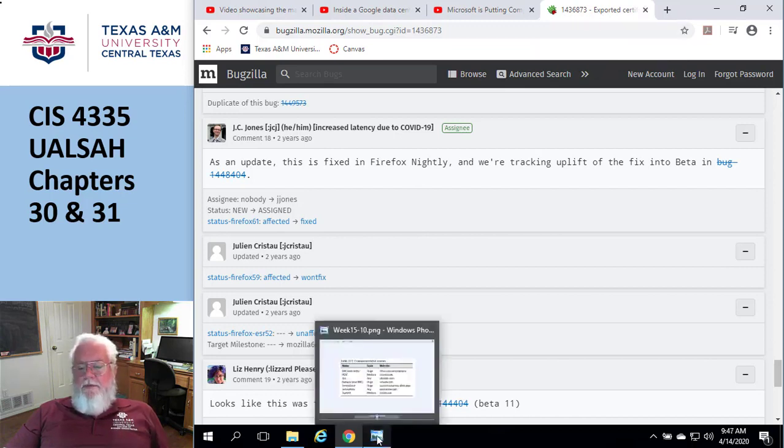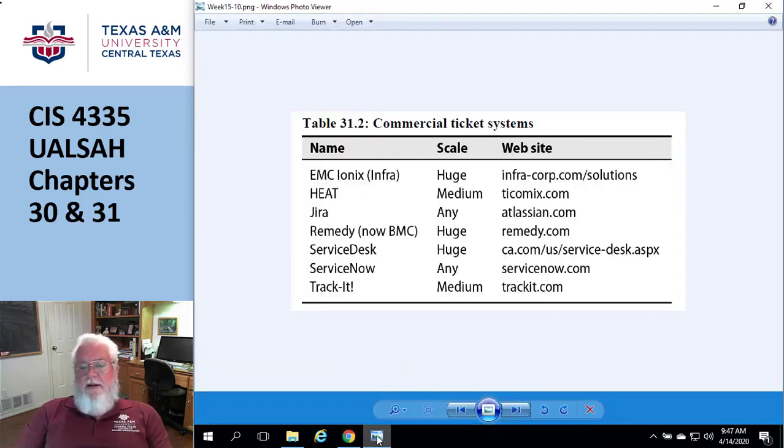Okay, there are some commercial ones out there, and the one I've seen most is called Remedy, a Remedy ticket. Zendesk seems to be one that people like nowadays. I will tell you that generally speaking, everyone hates their ticketing system. It's not really a reflection on the ticketing system.